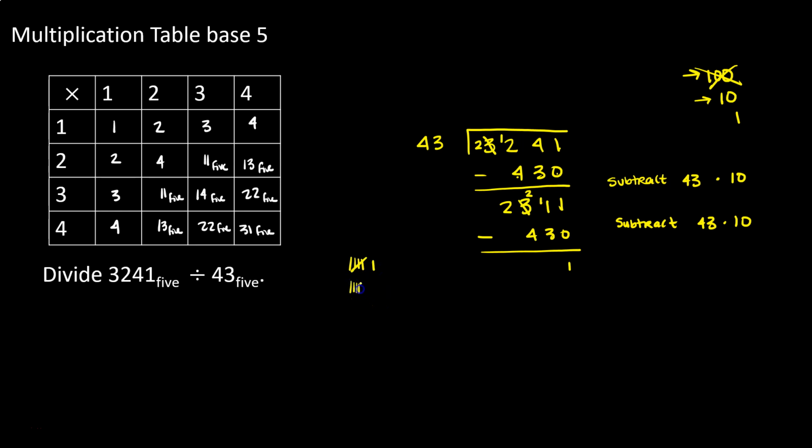We have to open up that group of 5 so that we can subtract 3. That leaves us with 3. And then we need to regroup again because we're trying to subtract 4 from 2. That looks like 1 group of 5 and 2 singles, and we want to remove 4. That leaves us with 3, and bring down our 1.